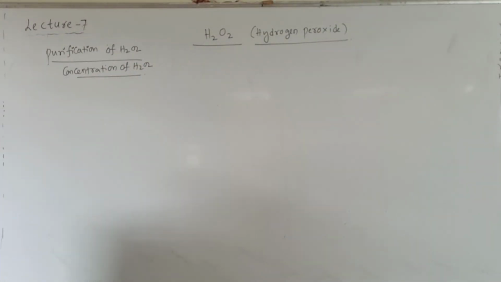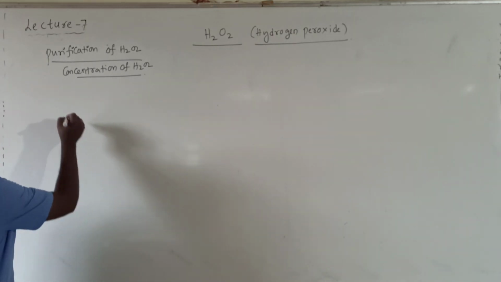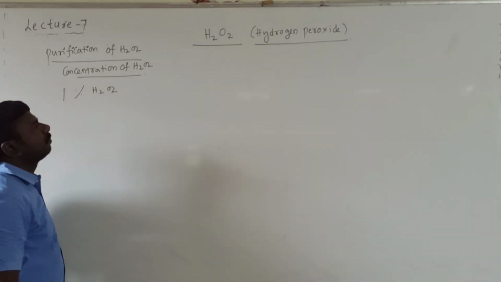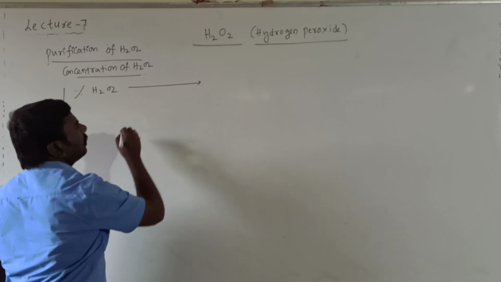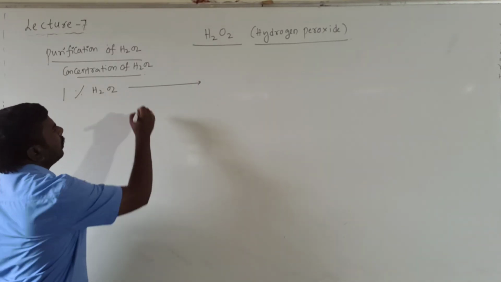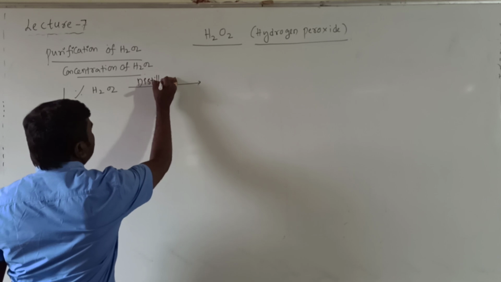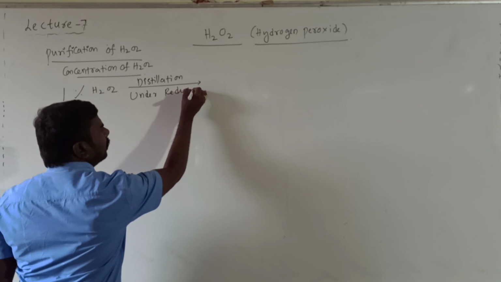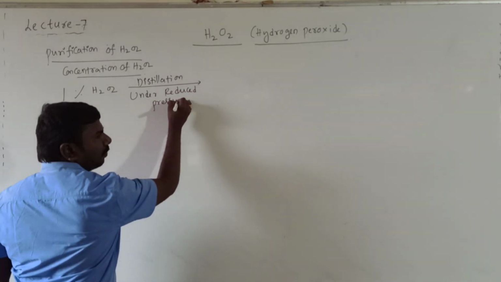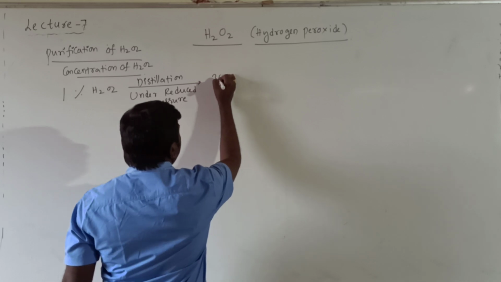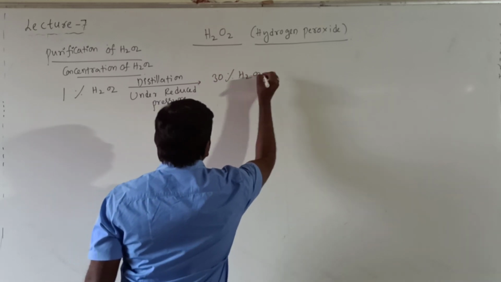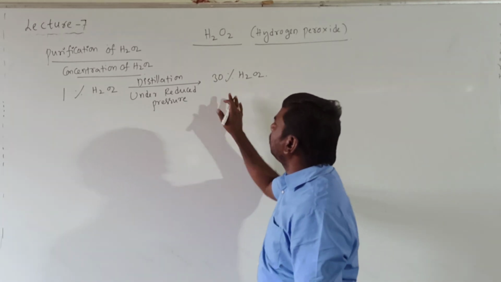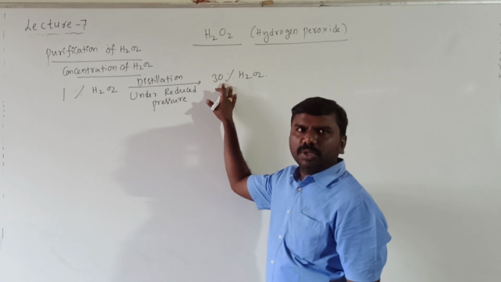In the beginning, only 1% H2O2 will be obtained. So, on distillation under reduced pressure, it is converted into 30% H2O2. If you distill it, the waste liquid will go out and 30% H2O2 will be obtained.